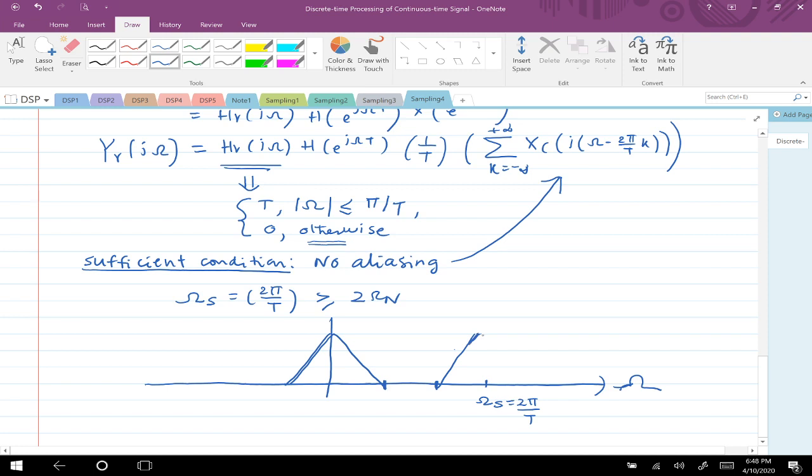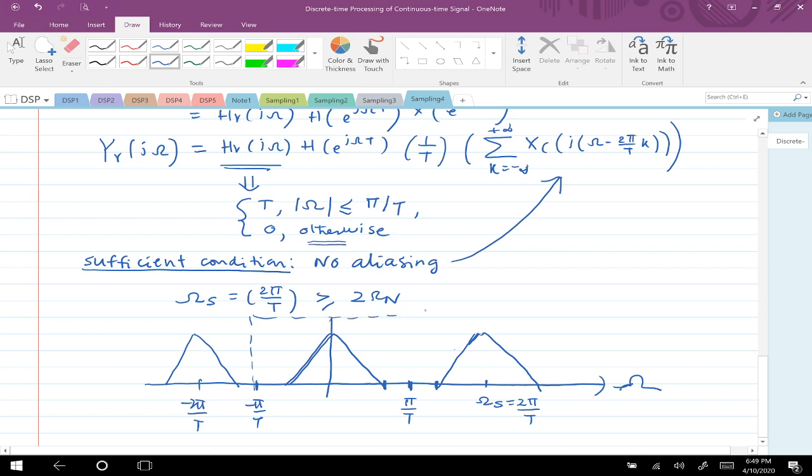Assume again this is at omega s. The closest case where there is still no aliasing but the highest value of T is at pi by T. Similarly, this side you have similar stuff here. This is minus pi by T, minus 2 pi by T. This multiplication is allowing you only this region now.